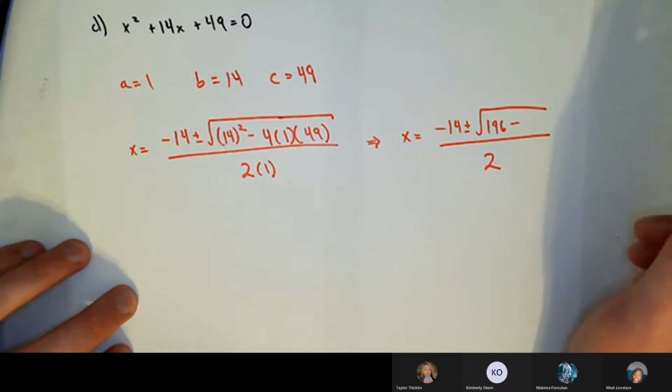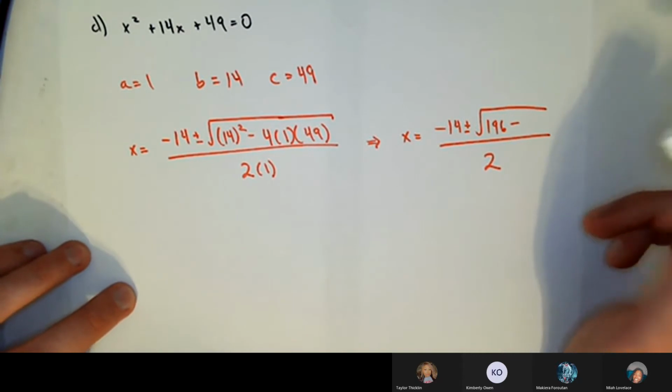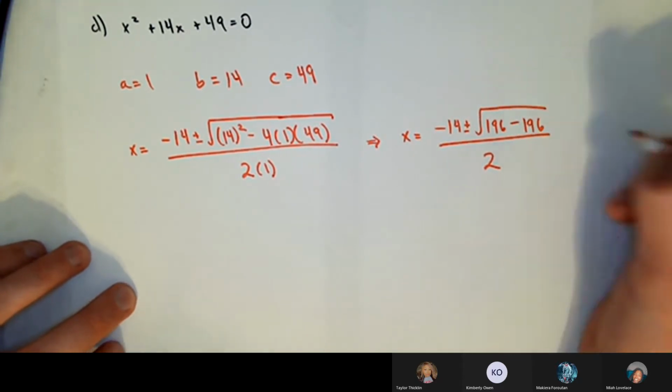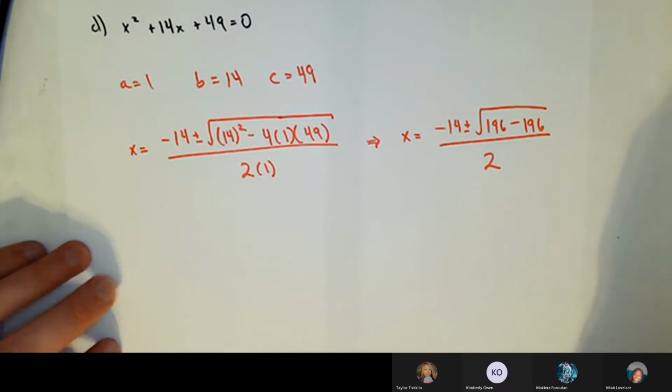And you'll find that 4 times 49 is also 196, which is fun.